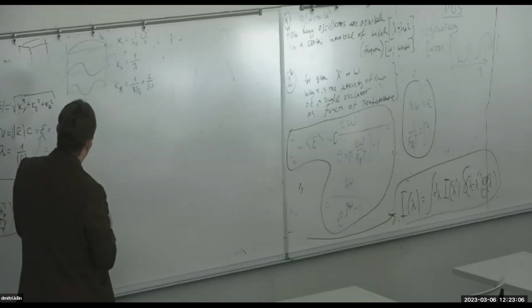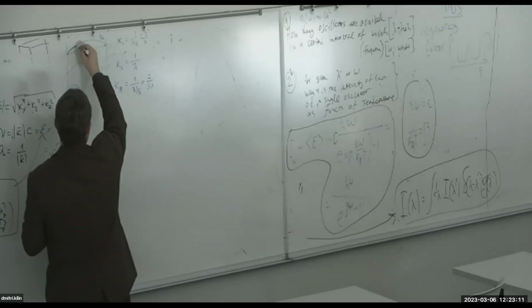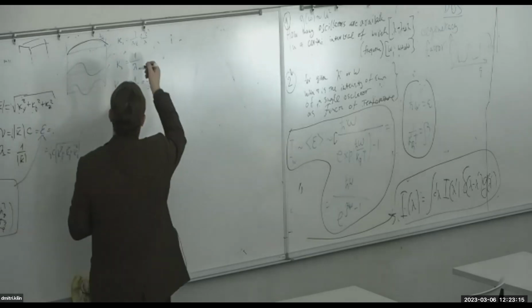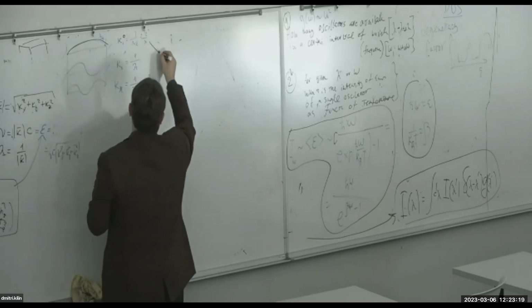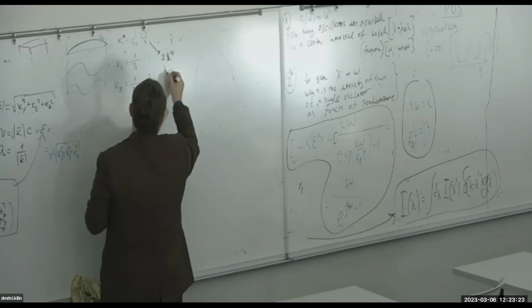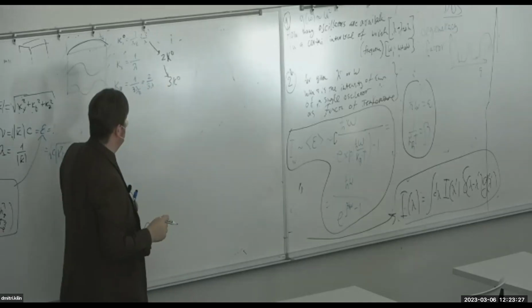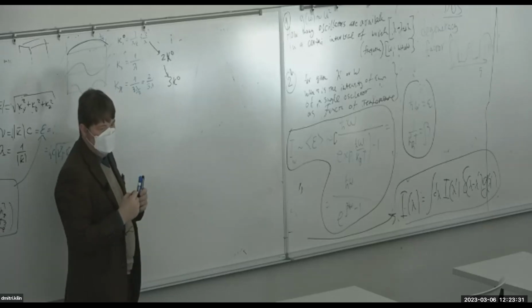So as we go from longer wavelengths to shorter wavelengths, the wave vector will be increasing. Wavelength becomes shorter, and the wave vector becomes bigger.